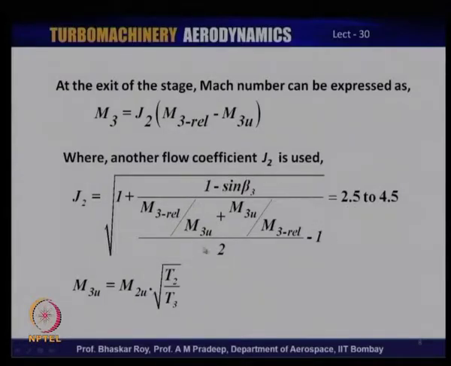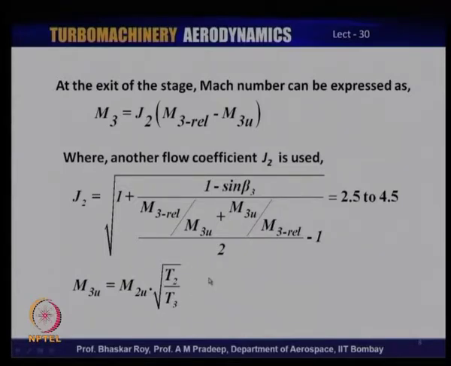As you can see, it is a derived flow coefficient, and the parameters here can be computed or assigned, and a flow coefficient can be calculated for the specific case, in which case we can find the Mach number based blade velocity at the exit related to that at the entry with relation to the static temperatures T2 and T3.